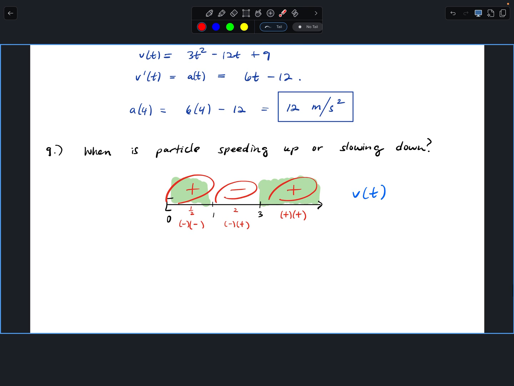This one's actually pretty easy. If I set this equal to 0 and solve, what would make t equal 0? 2. 2 times 6 is 12, 12 minus 12 is 0. So for acceleration, the only number on my number line is 2.